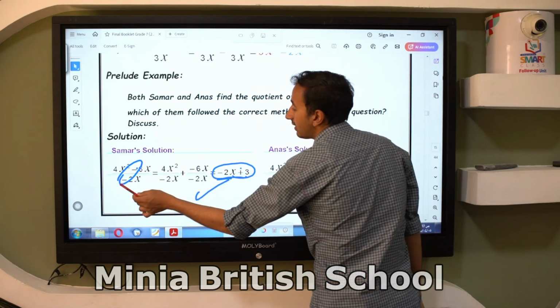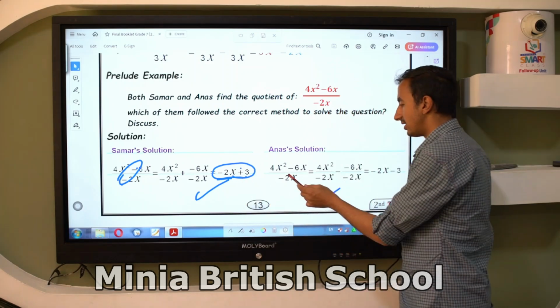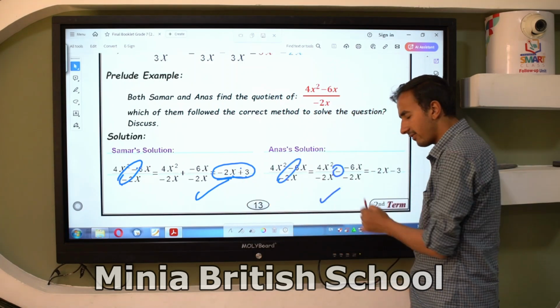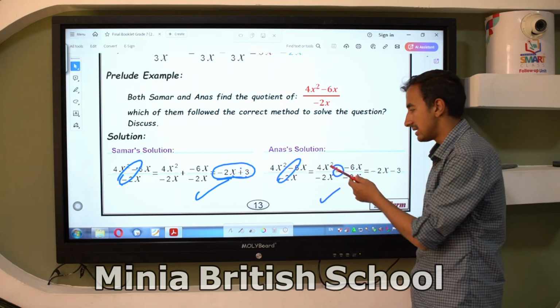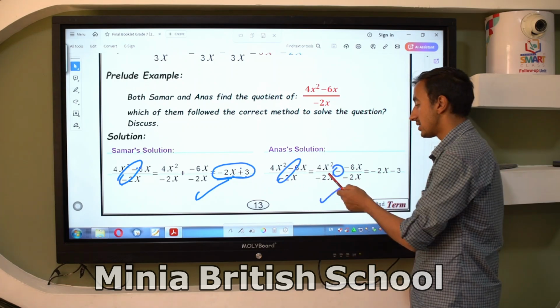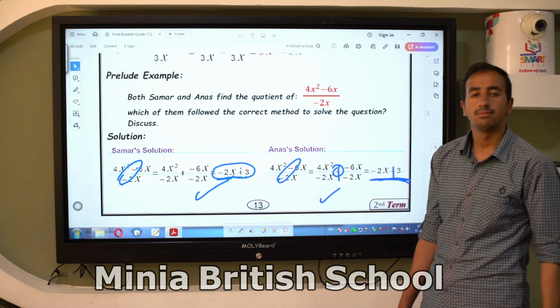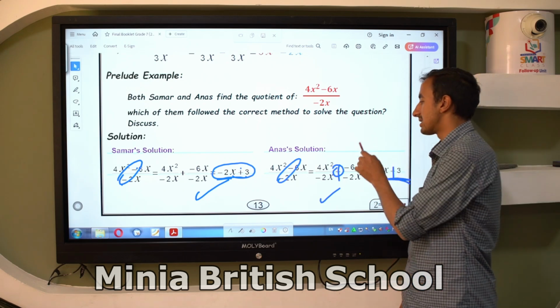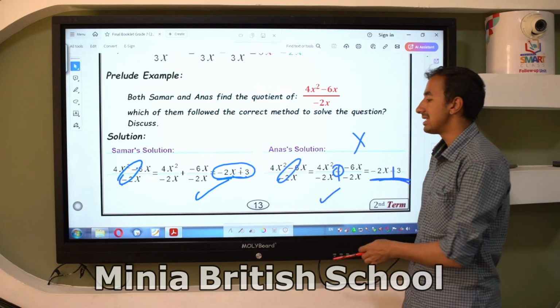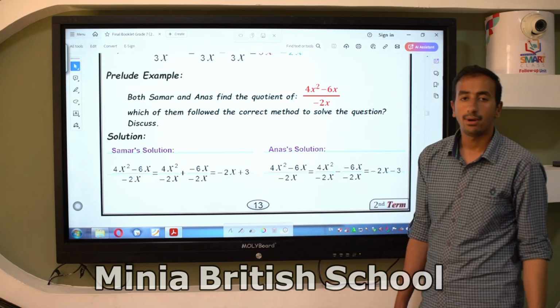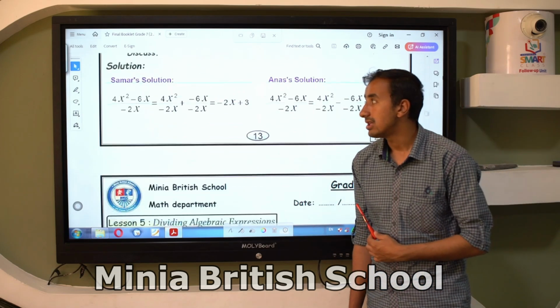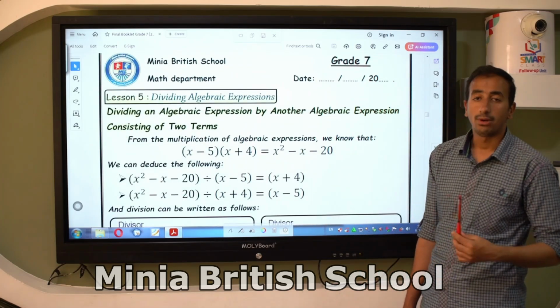Here negative divided by negative equals positive, but here negative divided by negative equals negative. No, there are two expressions, so we have here plus. The answer is wrong for Anas. We must make the addition, not subtraction. By the end of this exercise, we finished lesson 4, dividing by algebraic term.